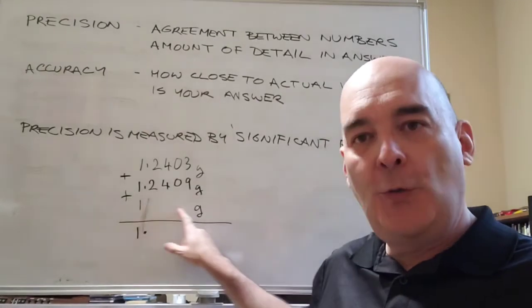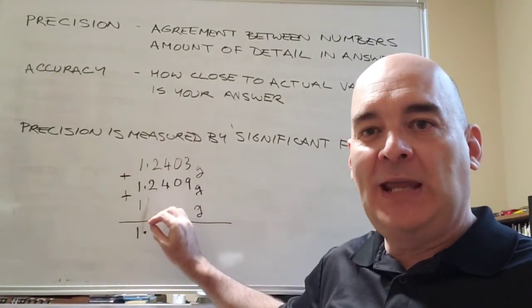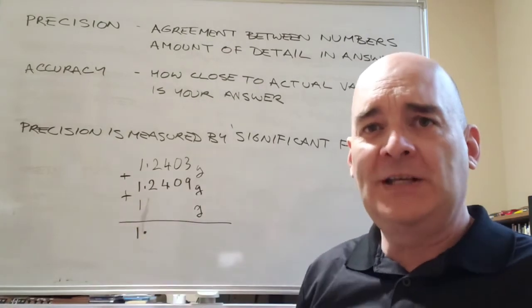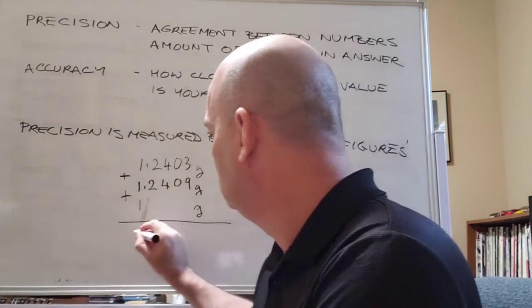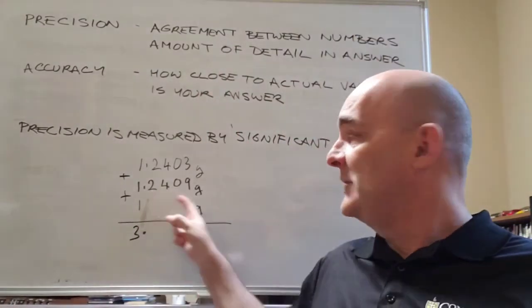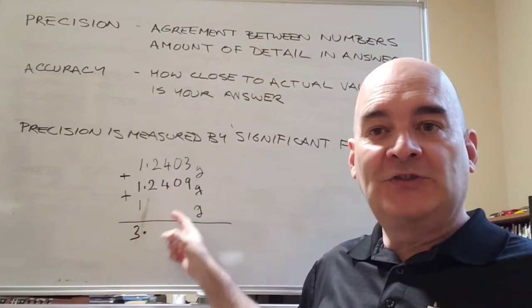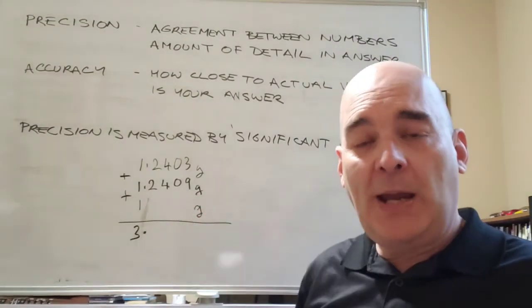This has no precision at all. So when you add these 3 numbers together, the rule of significant figures just calls that number 3. We're not allowed to use these numbers anymore because somebody didn't give you the precision to compare them to.